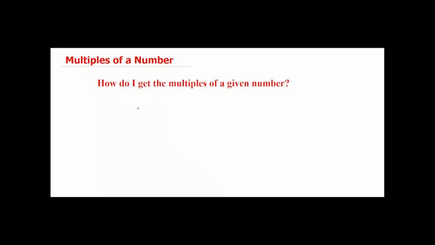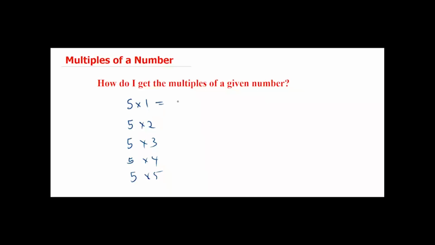So that means we need to multiply 5 by 1, 5 by 2, 5 by 3, 5 by 4, 5 by 5. So this is how you get the first 5 multiples of 5. You multiply 5 by the first 5 integers.